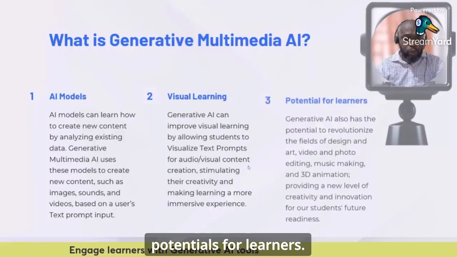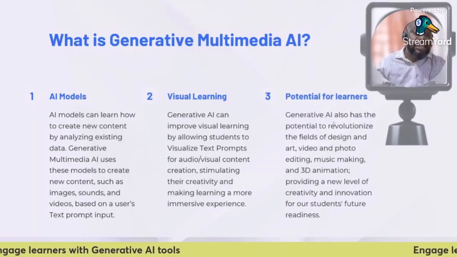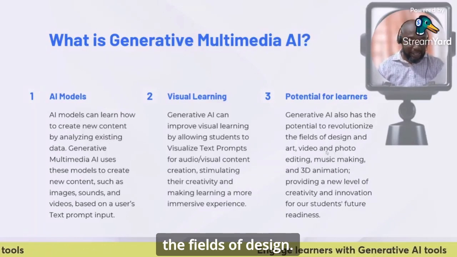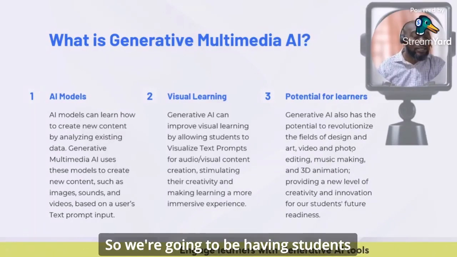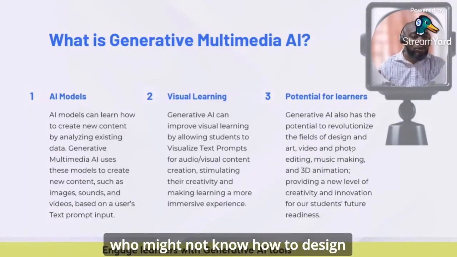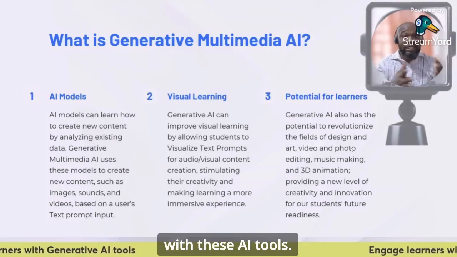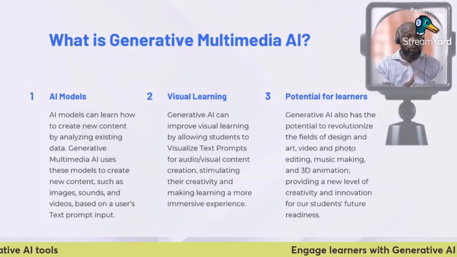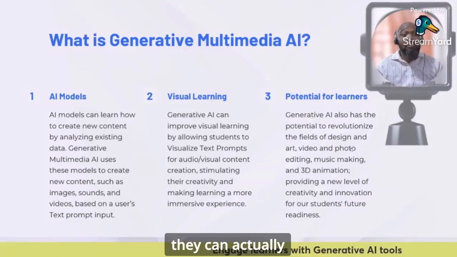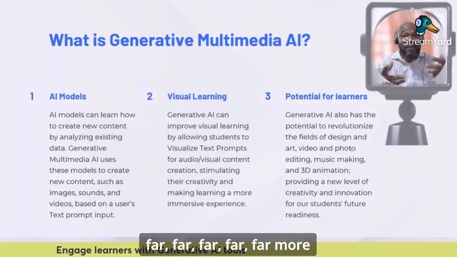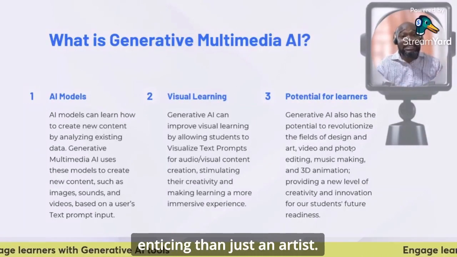So we look at potentials for learners. Generative AI also has the potential to revolutionize the fields of design. So we're going to be having students who might not know how to design with their hands, but they can design with these AI tools. They might not know how to draw, but they can actually create an image that is far more enticing than just an artist.